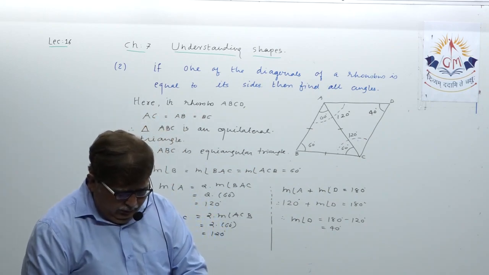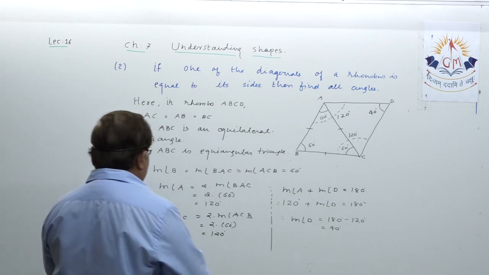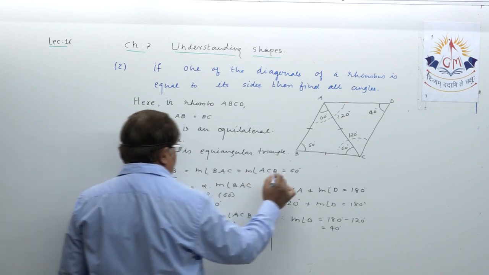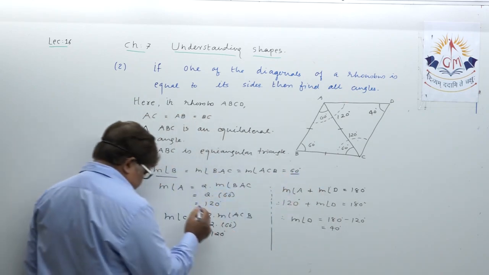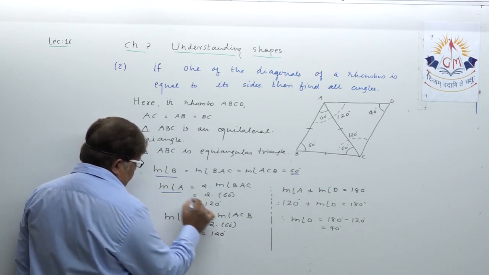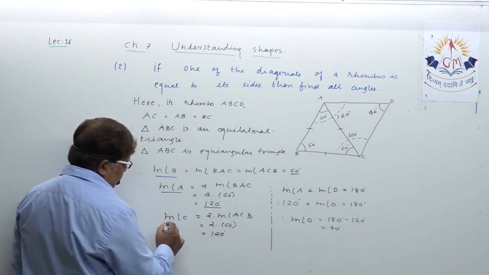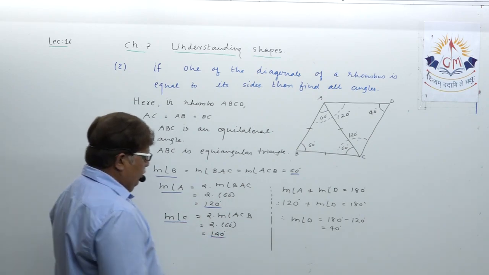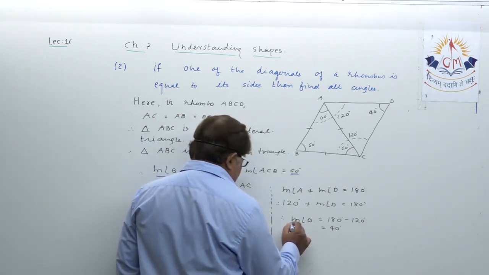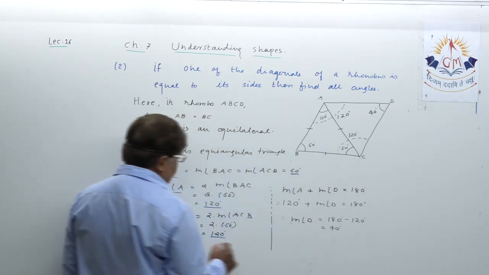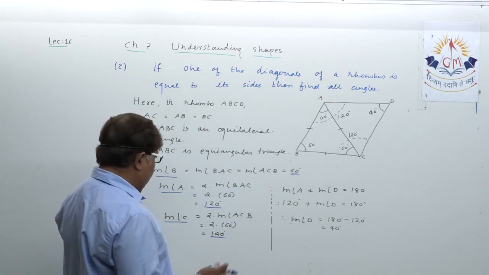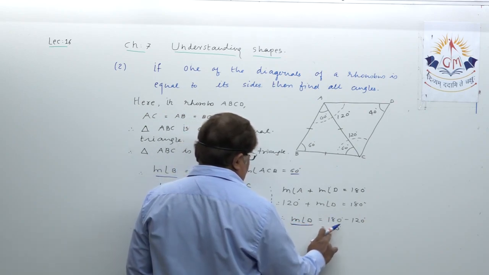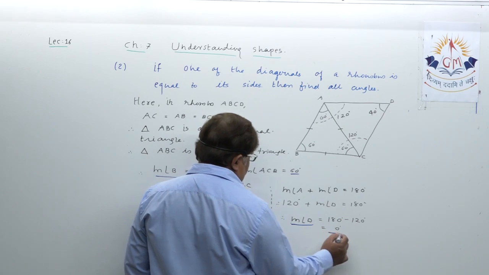As you got all the angles, when you solve the sum, underline: measure angle B, we got 60 degrees. Measure angle A, you got 120 degrees. Measure angle C, you got 120 degrees. And measure angle D, understood, you got 60 degrees here. Dear student, please write 60 degrees.